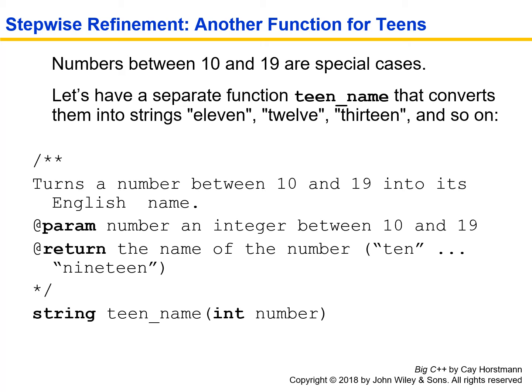Numbers between 10 and 19 are special cases because they don't follow the rule of like 22, 33, 46. They go 11, 12, 13, 14. You have the teens. So we have a function teen name that returns a string, which is the name of a number which is in the teens.